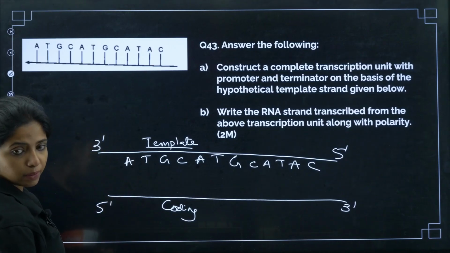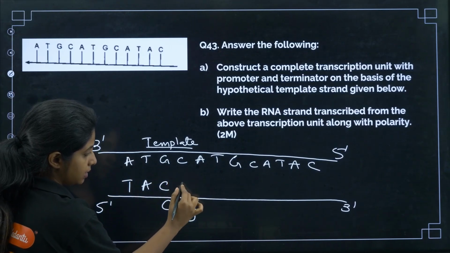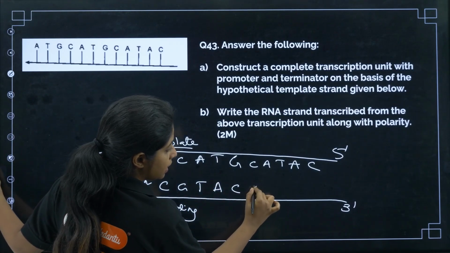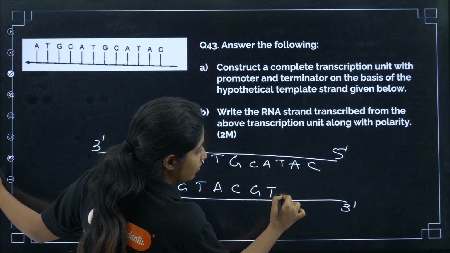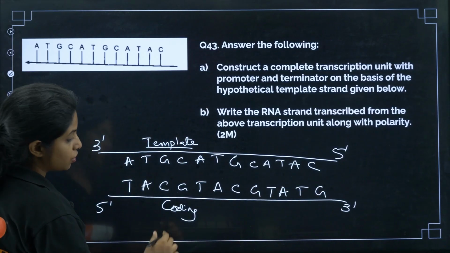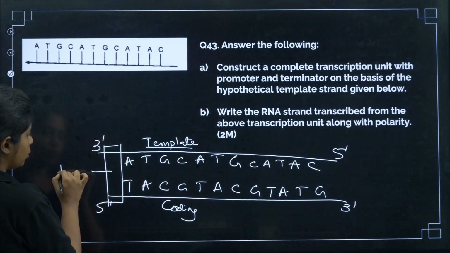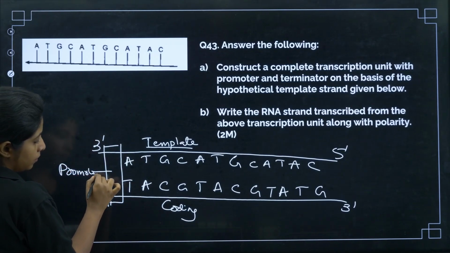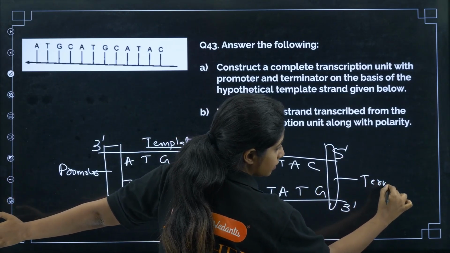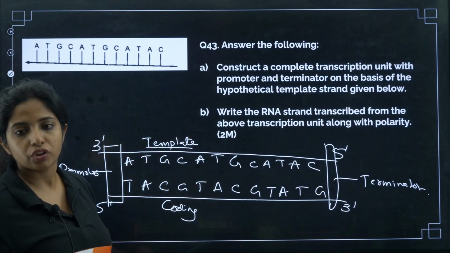It will have the complementary base pairs: A with T, G with C, C with G, A with T, T with A, G with C, C with G, A with T, T with A, T with A, and C with G, right? This is the coding strand. Now, over here, my dear children, you will have the promoter region for transcription to happen and you will have the terminator region as well. Always remember that. Now, this is a transcription unit.